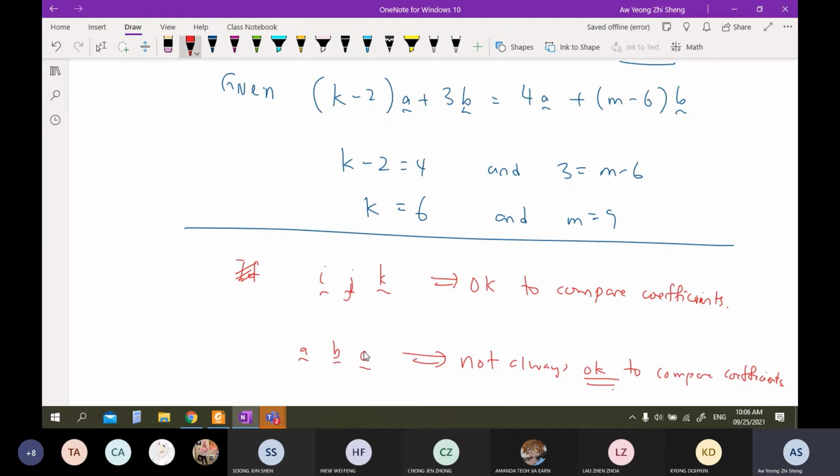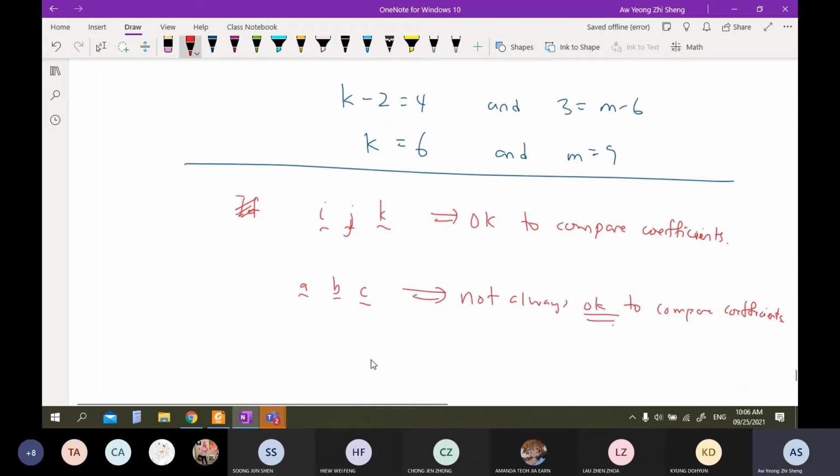You have to make sure that it is impossible to get one vector by taking a linear combination of the other two, which I would not want to delve too much into because that's not a focus of our syllabus. In our syllabus, you just need to be aware that if the three vectors involved in the same equation are i, j, k, it's actually okay to compare coefficients.